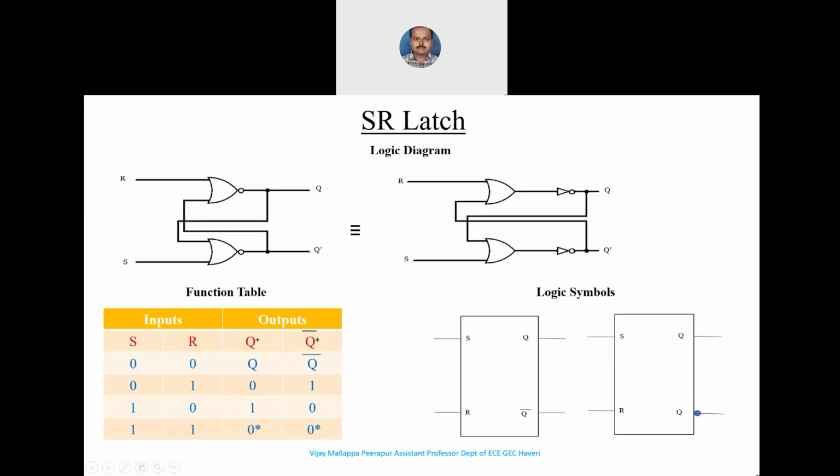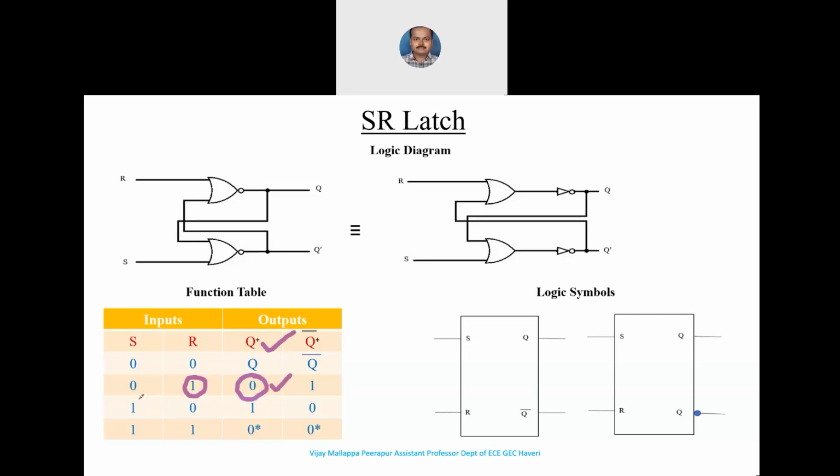We'll come to this function table. When R is 1, the output is always equal to 0 irrespective of the previous state. If the previous state is 0 or 1, the next state is always equal to 0 here.